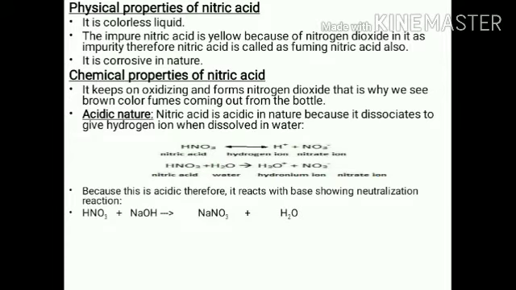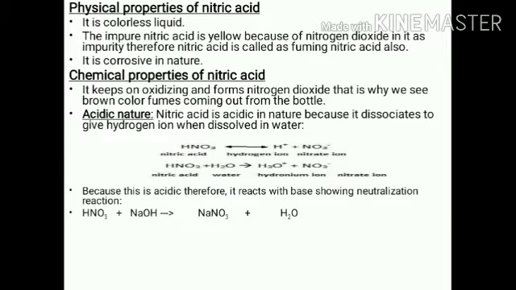Third, it is corrosive in nature. Corrosive means it causes corrosion on metals. Point number three, chemical properties of nitric acid. First of all, nitric acid is an acid, so it is acidic in nature. If you react any metal with an acid, it gives hydrogen gas.